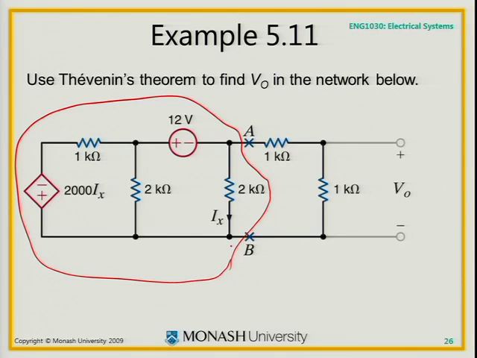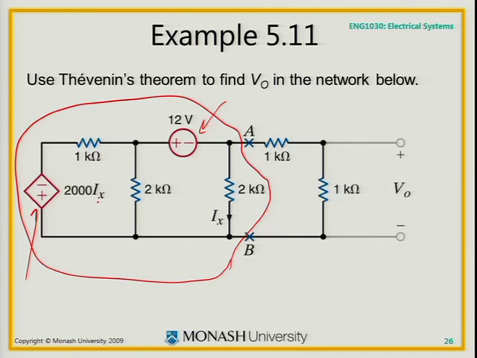Let's do that one. Circuit to the left of AB. What do we notice? Well, there is a dependent source. It's a current dependent voltage source in the circuit. There's also an independent source. One thing you need to be careful about, whatever the controlling variable is, it has to be inside the box.